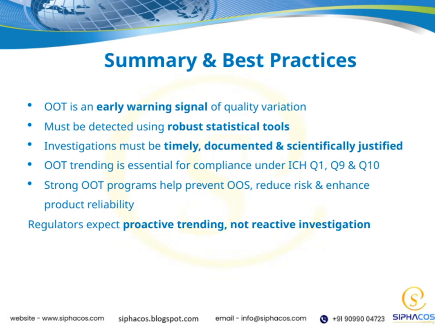It reduces risks, and ultimately, it enhances the reliability of our products. Regulators now expect us to be proactive, meaning we should be continuously trending and analyzing data, not just investigating problems after they occur. In summary, a solid OOT program is a cornerstone of quality assurance.